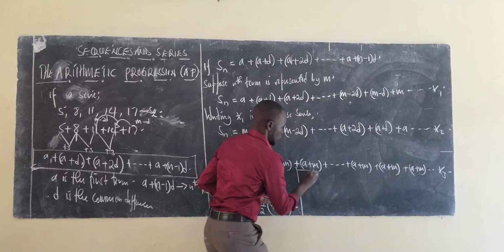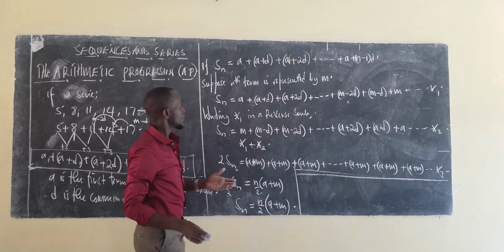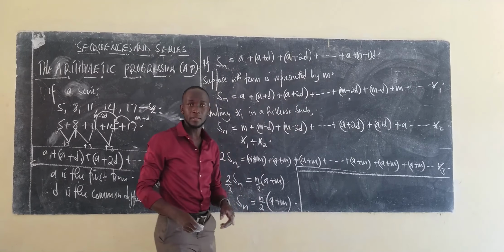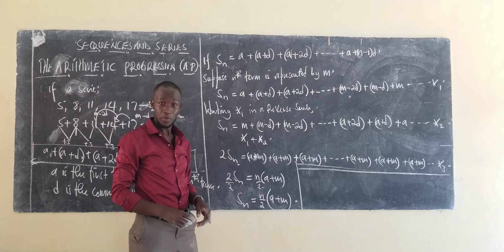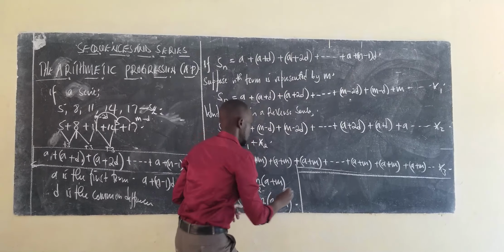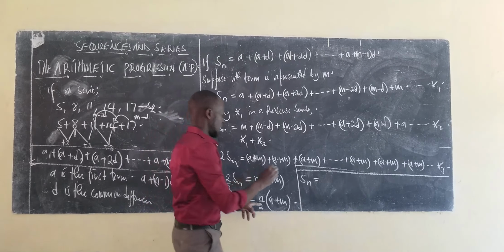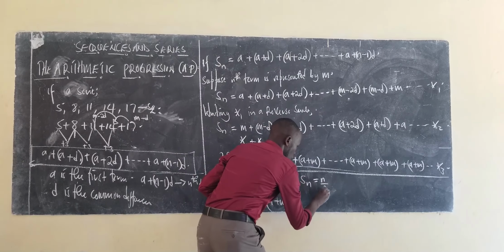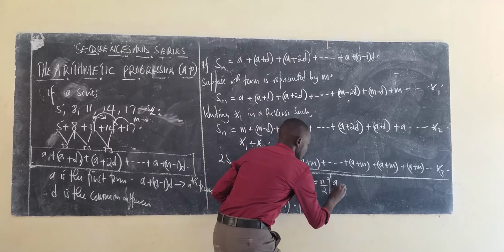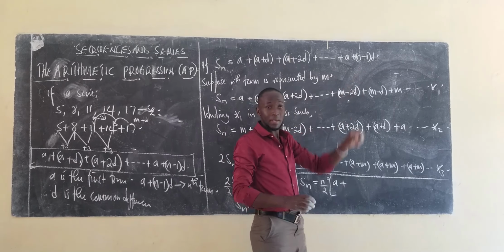But I'm concluding it from here. But remember, our m represents the nth term. Hope you clearly remember that m represents the nth term. So we shall have Sn giving us n over 2 into a plus, instead of m, now we have a plus n minus 1 into d.